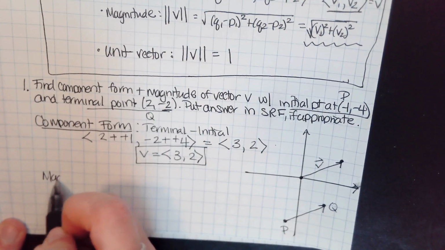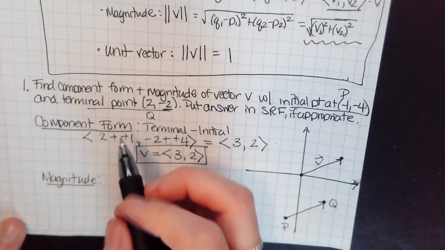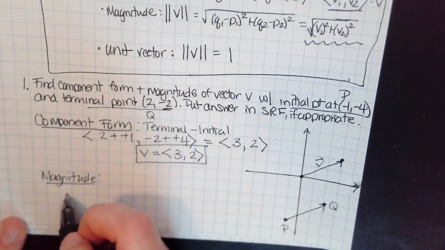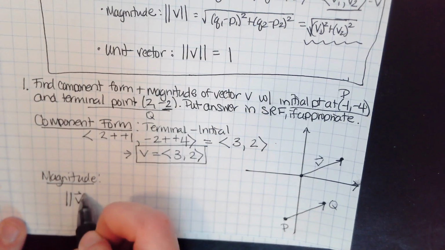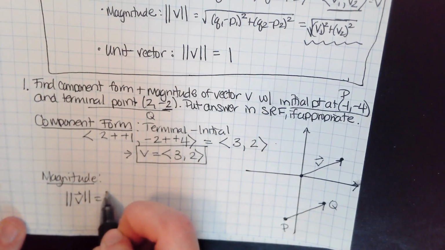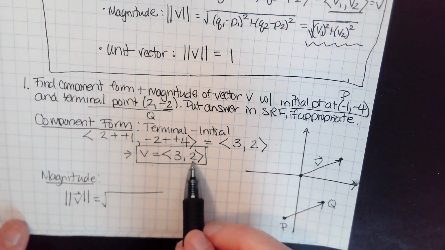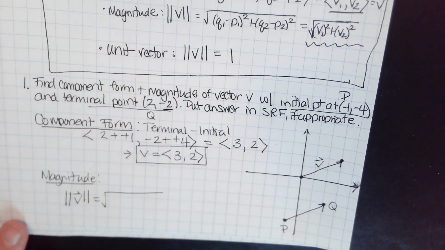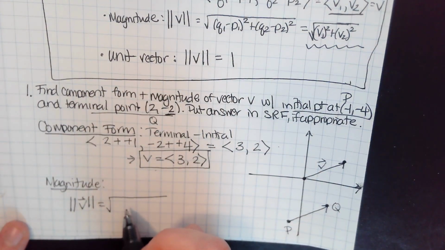All right, and then it also asked for the magnitude. We're going to find that from our component form. So magnitude of v. Again, your initial point is (0, 0) and your terminal point is (3, 2), so you're just finding the distance between (3, 2) and (0, 0). To make that shorter, we don't need to do 3 minus 0 squared every time.